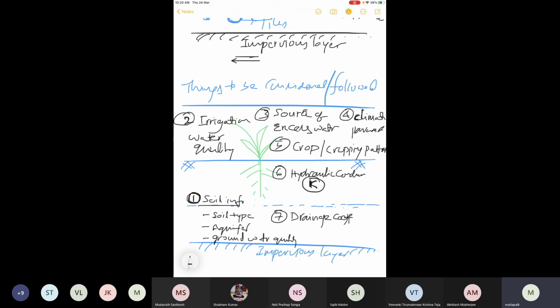And then eighth is drainage depth, or drain depth.